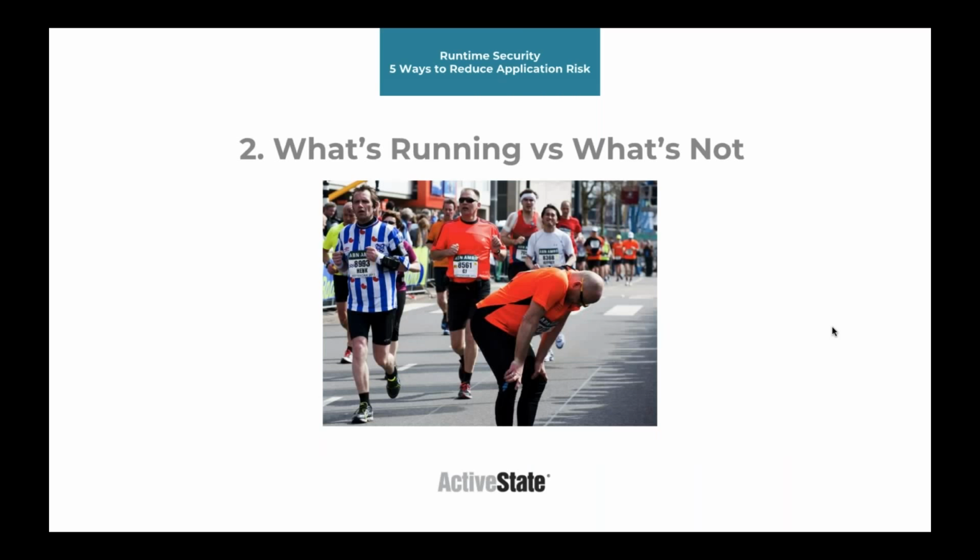Number 2 talks about really triaging and prioritizing. So when we think of what's running and what's not, what we're really talking about here is which of my packages in my Python application are running in production and which are not.